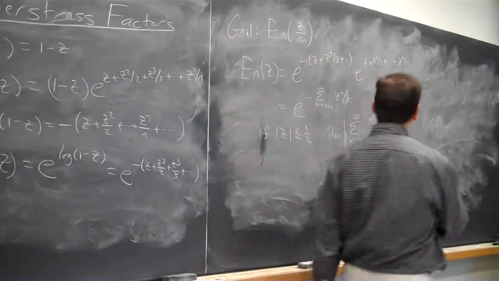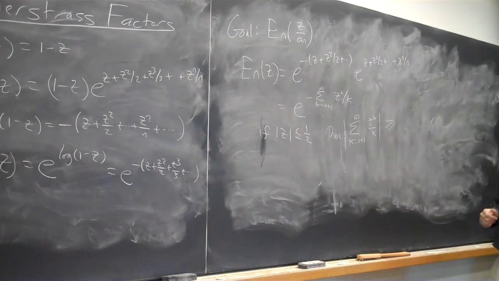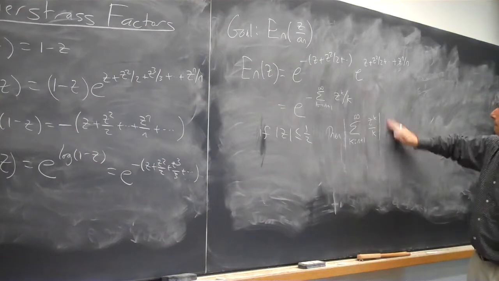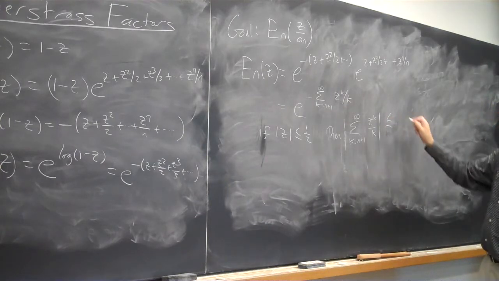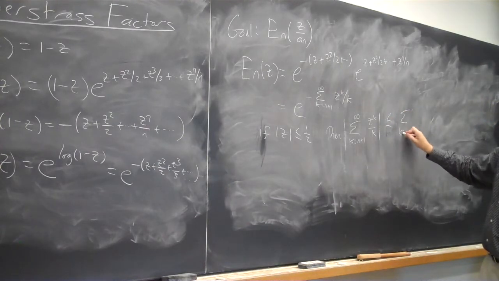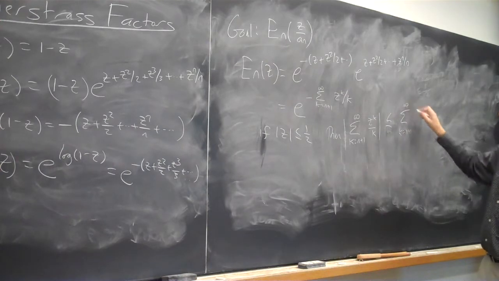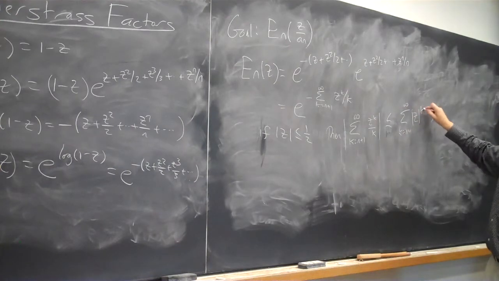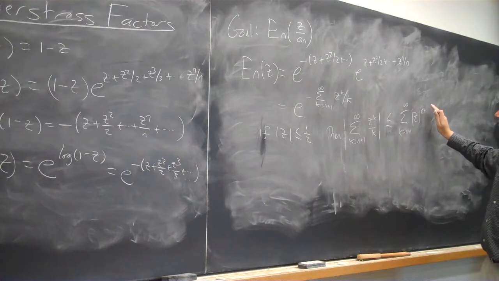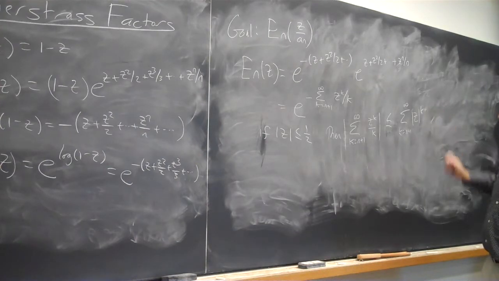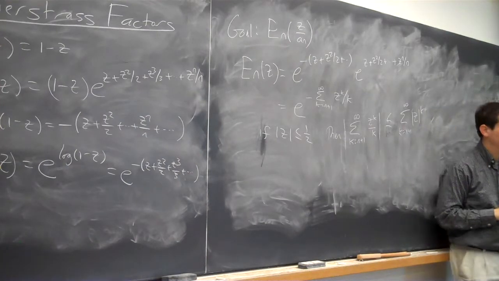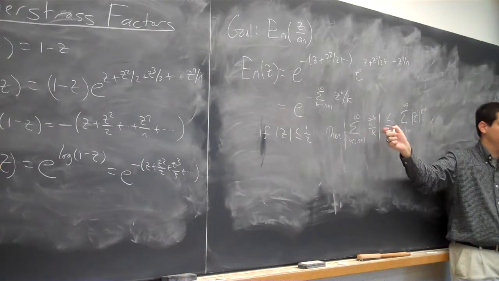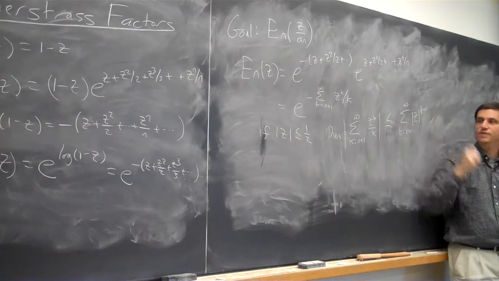So this is clearly going to be less than or equal to, we want to make sure it doesn't get too big, the sum, k goes from n plus 1 to infinity, of absolute value of z to the k. Right? I'm dropping the fractions, and I'm putting the absolute values inside.